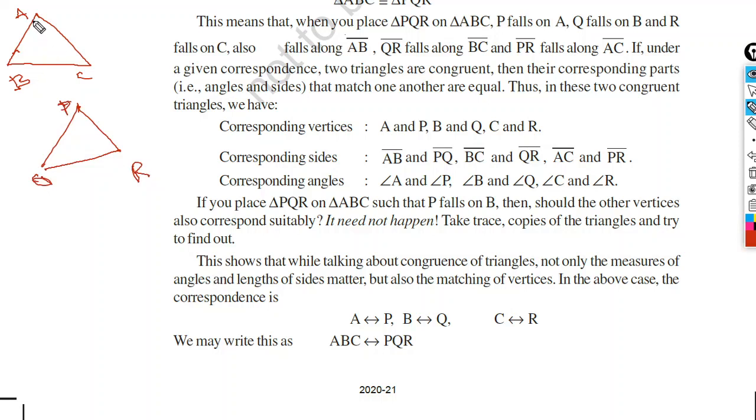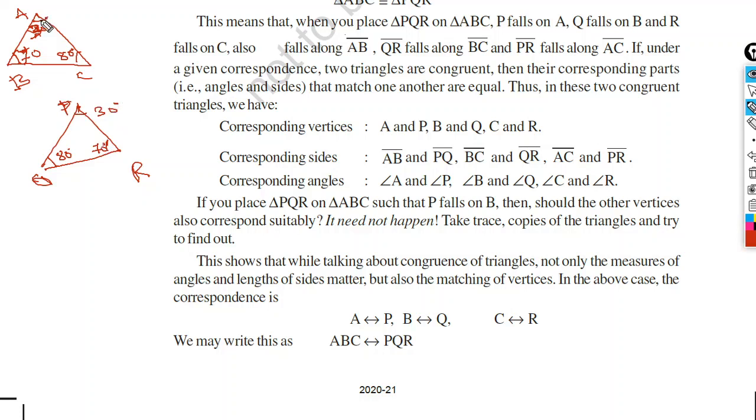Suppose angle A equal to 30 degrees, angle B equal to 70 degrees, and angle C equal to 80 degrees. Here angle Q equal to 80 degrees, this angle equal to 70 degrees, and angle P equal to 30 degrees.